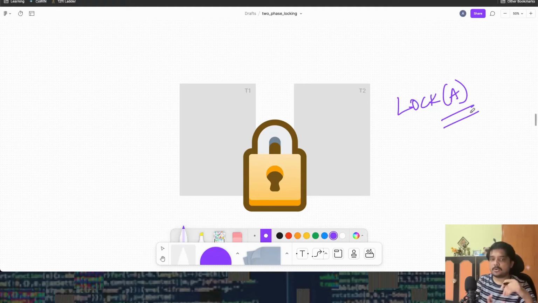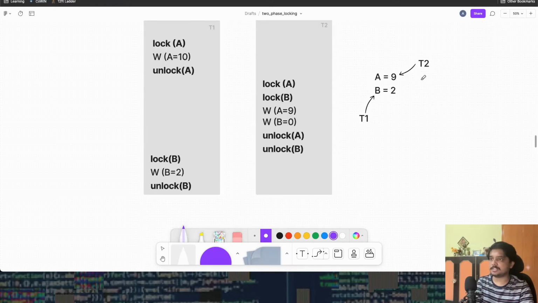This is how two transactions can do operations in parallel on different objects at the same time, but not on the same object. So if another transaction wants access to A, it will have to wait till this transaction is done. But what should the locking strategy be is the question.